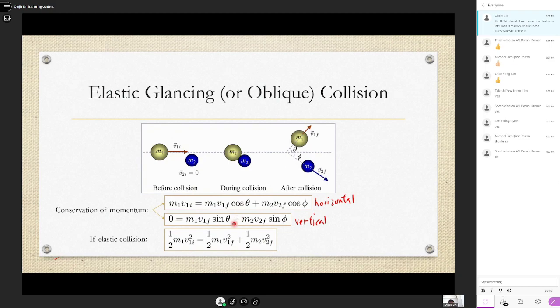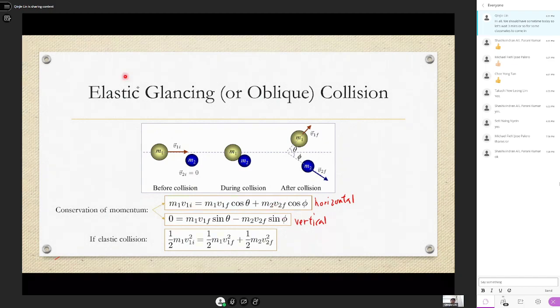Take note that down here is negative because they are moving away in different directions. One is moving up, one is moving down. We're looking at vertical directions only. So those are the two equations that we will have.